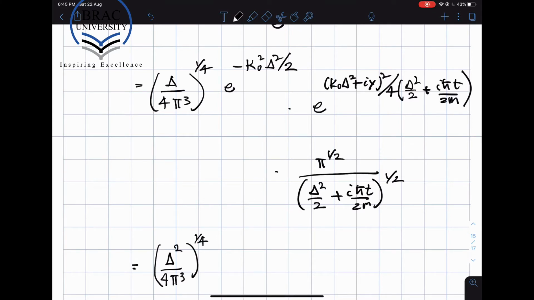And then we see here we have a factor of square root of pi. If I write this factor of square root of pi inside a bracket which is raised to the power 1/4, then it's just going to be pi squared, because 1/4 times 2 is half. Because of that, we get 1/4.